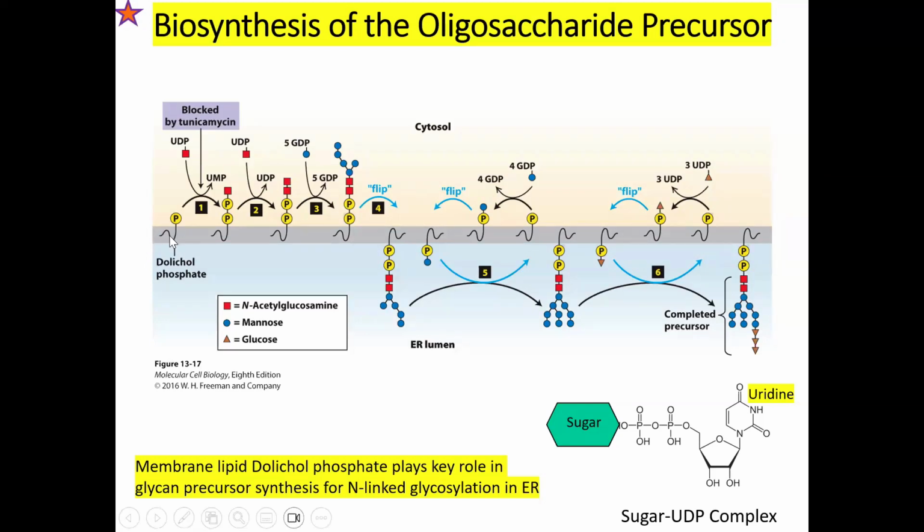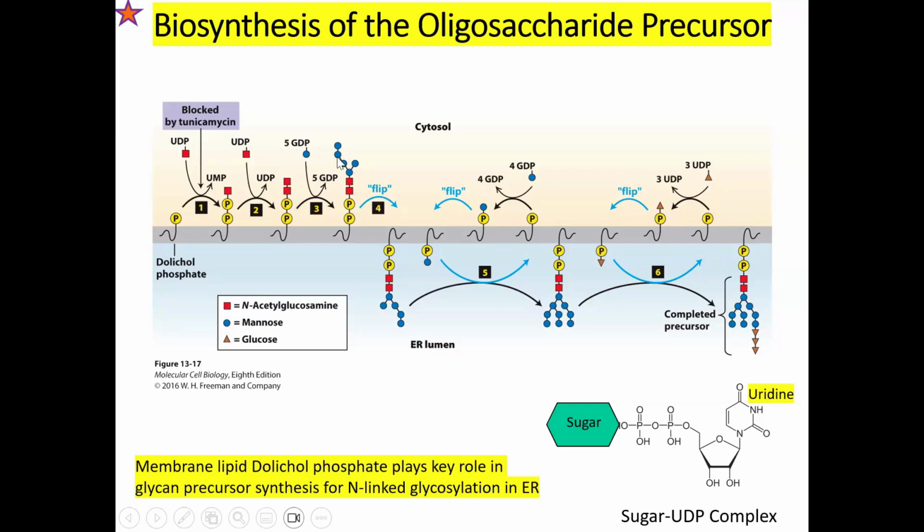Very interestingly, I'm going one step at a time. Here UDP phosphorylates and puts a UDP residue. You use the energy from the UDP, and you put 2 phosphates followed by 2 N-acetylglucosamine on top of that.